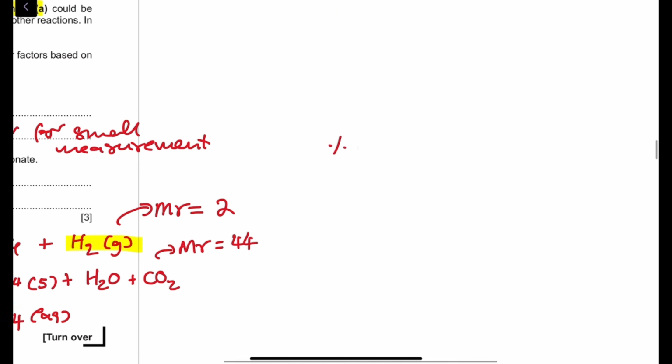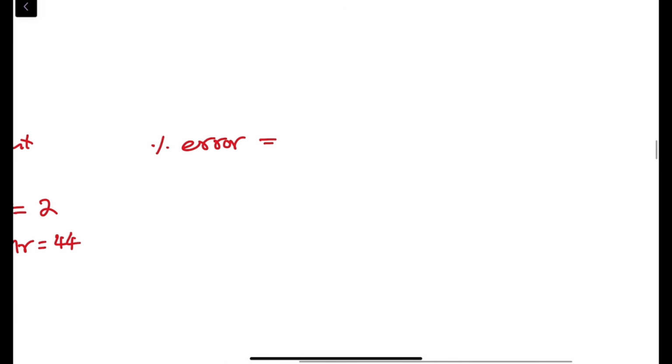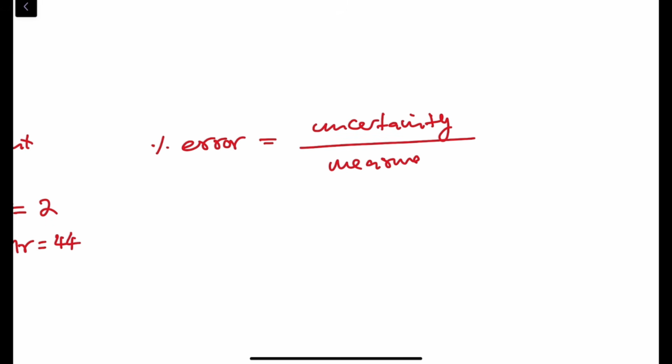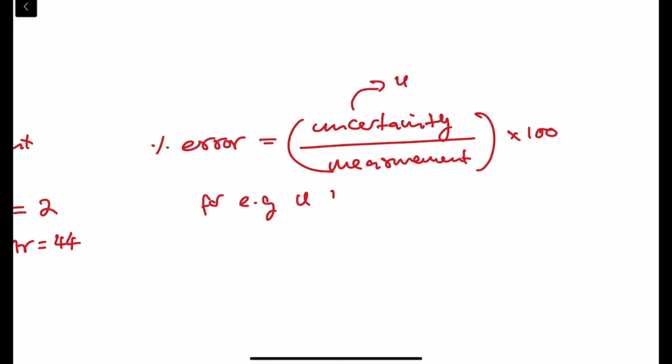Well, to calculate percentage error, it is equal to the uncertainty over the measurement made times 100. So if, for example, let's just call uncertainty U. Our uncertainty for mass due to the mass balance is plus or minus 0.01 grams.